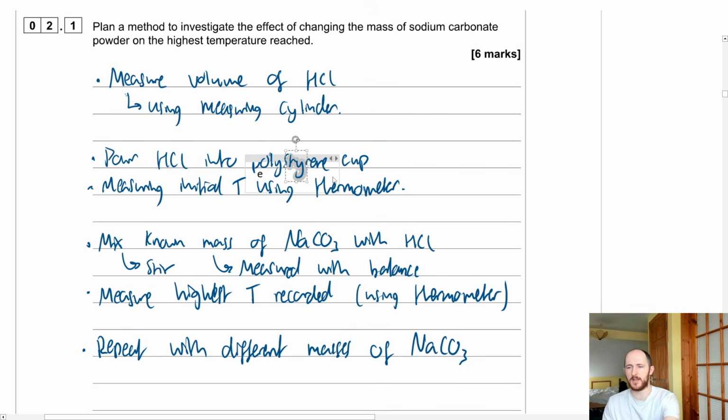I know it's not the most concise thing, but hey, what can you do? You can also mention using the same starting temperature, volume of HCl, and concentration, but we've already kind of mentioned that by saying that it's a known mass, for example. But you can add those things if you want to.